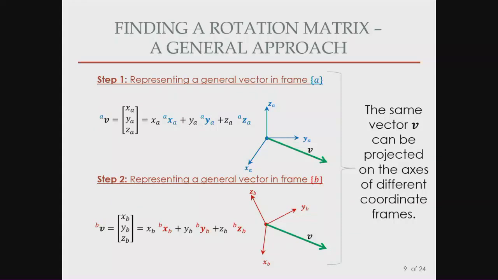Each of them I need to project onto the axis of frame A. Okay, so just to give you one example, I'm taking YB, projecting it onto XA, YA, and ZA. Okay, just for the example, but then I'll do it for all of the axes of frame B.